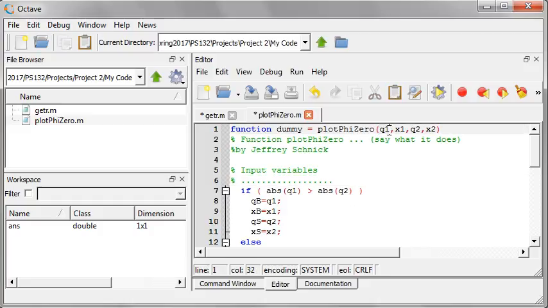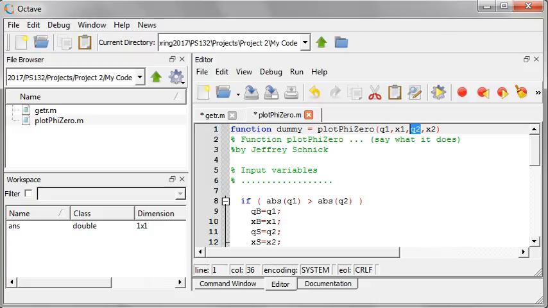You know, the charge of one particle, the position of that particle, the charge of the other particle, the position of that particle. For this one, we don't know which one's greater to start with. The user does not have to say which one is greater, or put them in order, with the greater one being first and the charged particle having a magnitude of charge less than the other one, second.